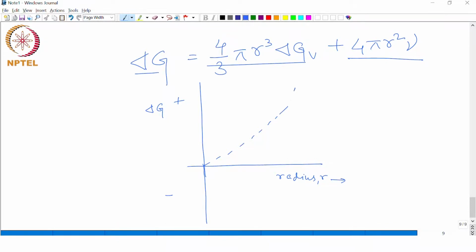This is the surface area contribution, and this is the volume free energy contribution, which is negative.